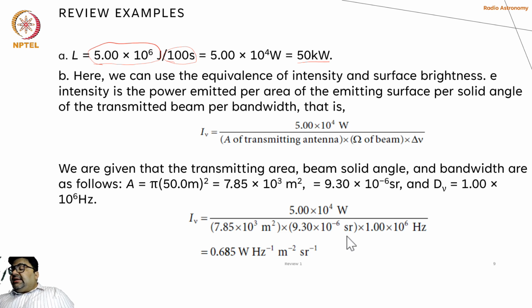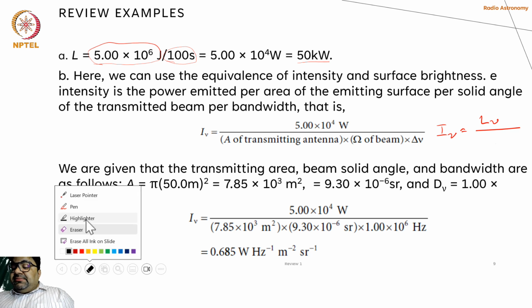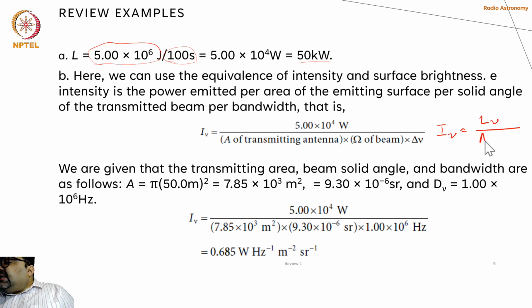So if you put that, I nu is L over area effective times omega times delta nu. Rewriting it again: area times omega times delta nu.